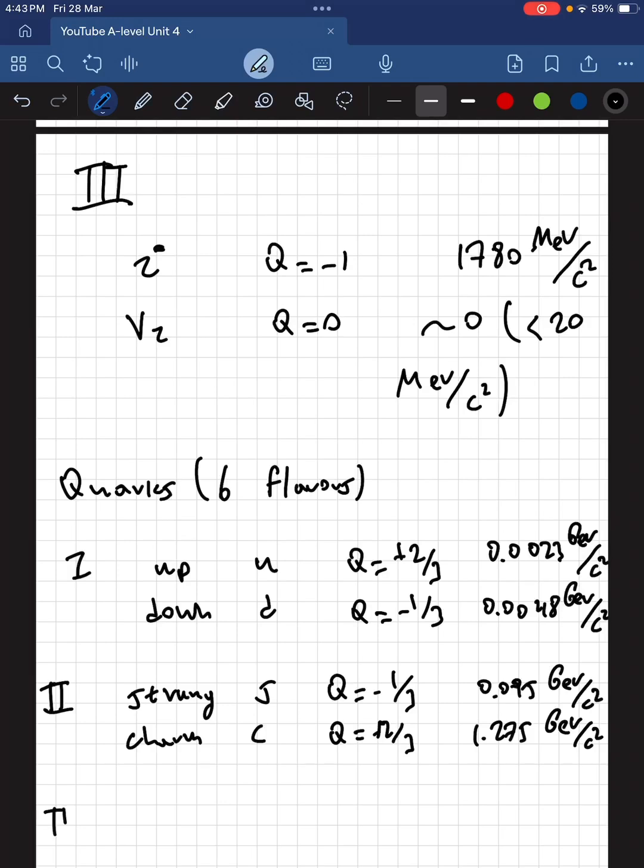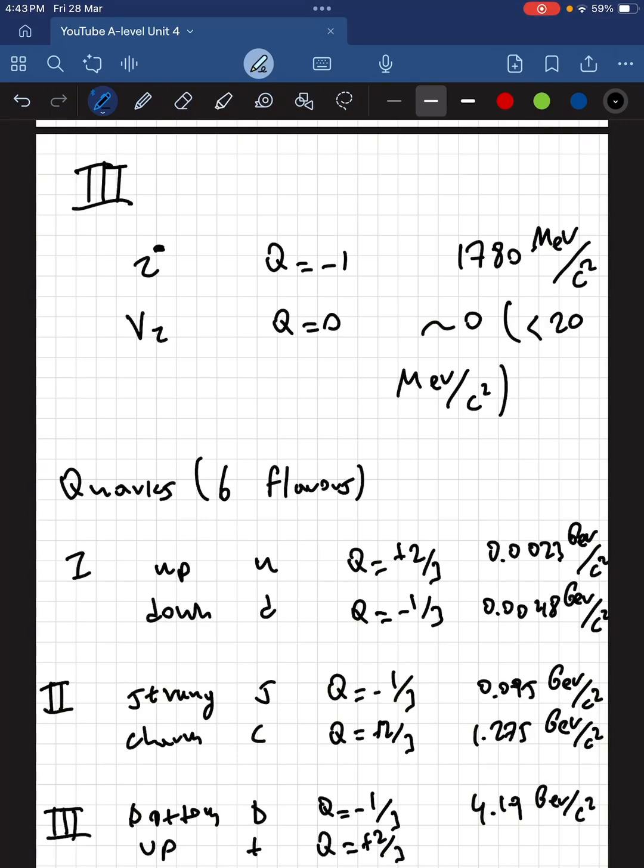And the third generation, 1, 2, 3, is the bottom and top. So B and T, the charge is -1/3, the other charge is +2/3. And these are massive, so 4.19 GeV over c squared and 173 GeV over c squared.